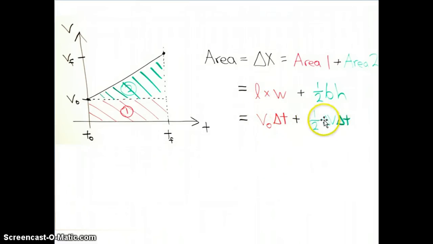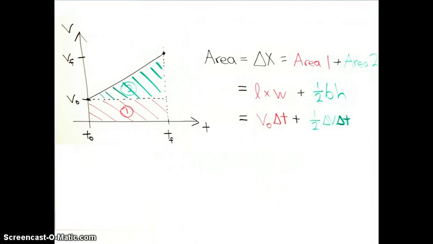Our base, we're saying, is delta v. Our height, we're saying, is delta v. So this is going to be a change in velocity from v0 up to v final. And then again, our extent of our graph, this time the base, is going to be that same delta t. So here we write 1/2 delta v times delta t.